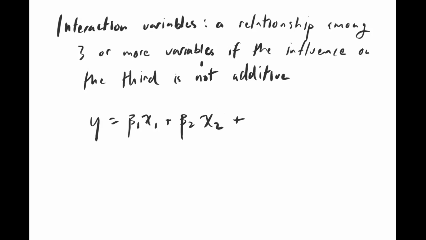So this might look something like this: b3 x1 x2. Okay, and we also have our error term here for our i's. So we are talking specifically about this term, and so this is an interaction between my x1 and my x2. Okay, what the heck does that mean?